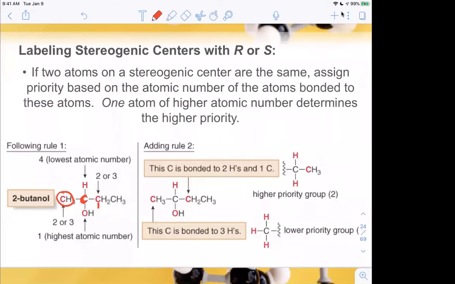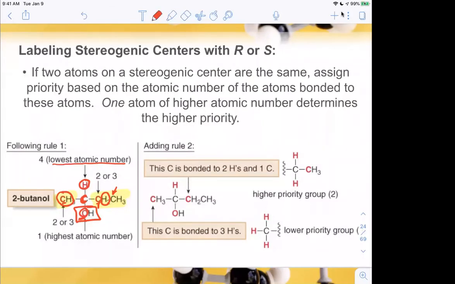I have a carbon attached to 2 hydrogens and another carbon, or I have an oxygen, or I have a hydrogen. Well, I know that the oxygen is going to be highest priority versus the carbon. I know that my hydrogen is going to be the lowest priority because it has the lowest atomic number. So what I have to do is determine between these two groups which one is second priority and which one is third.